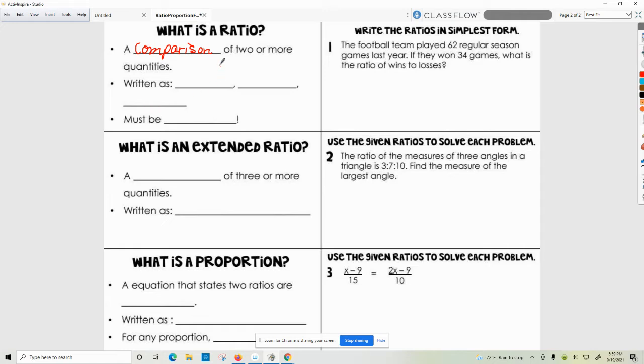A lot of times these quantities are written as 4/3, 4:3, or 4:2:3. But the thing that we must always remember is however I'm setting up my ratio, I'm making that comparison of two or more things, that ratio must be simplified.